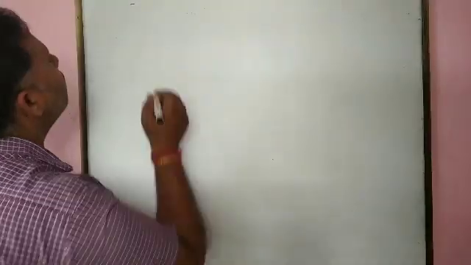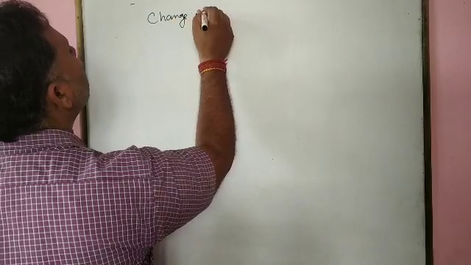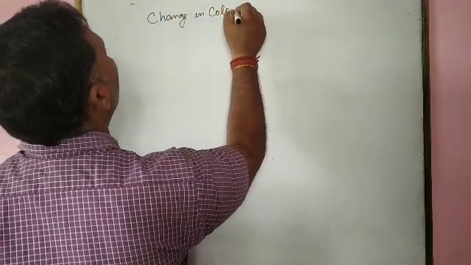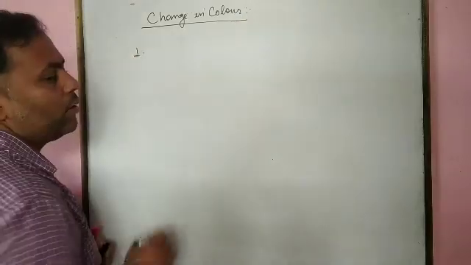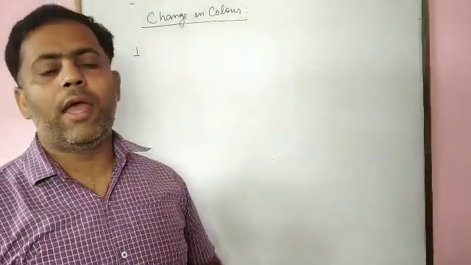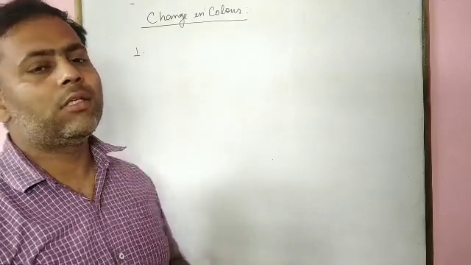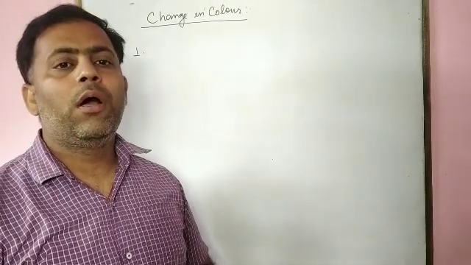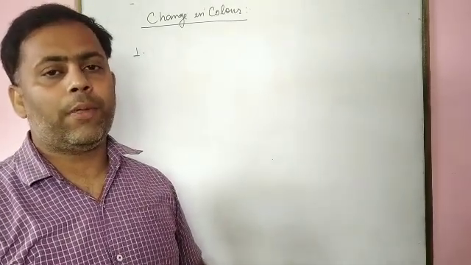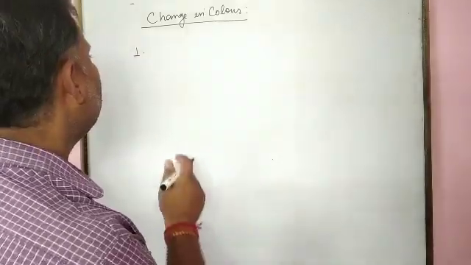We will discuss the change in color. We have a variety of examples. Let us take a simple example. When we add citric acid or lemon juice to the purple color of potassium permanganate, then it turns colorless. What happens?